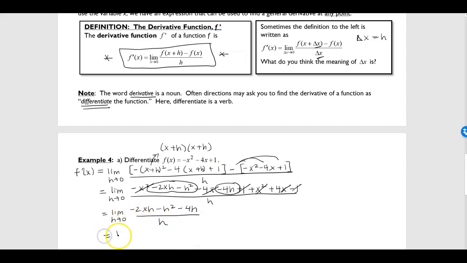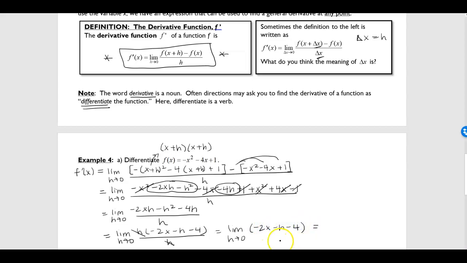And since each of the terms has an h in it, I can factor out an h. And once I've factored, I can cancel. And then I'm evaluating the limit as h approaches 0 of negative 2x minus h minus 4.